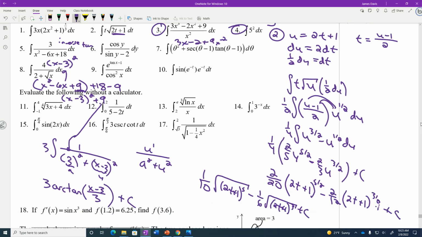Alright, let's see a couple other ones that you guys could do here. Alright, number 6. Just playing a few for you guys to try tonight here. So number 6, what does it look like you want to use here?